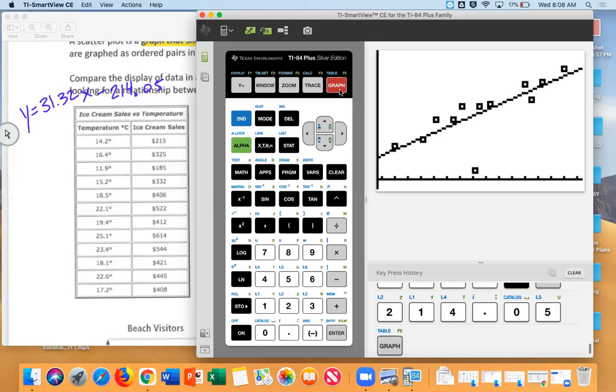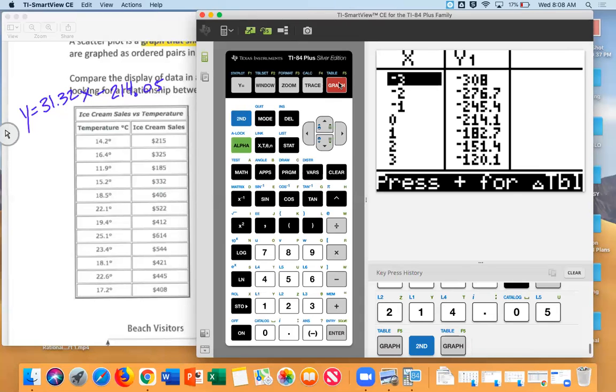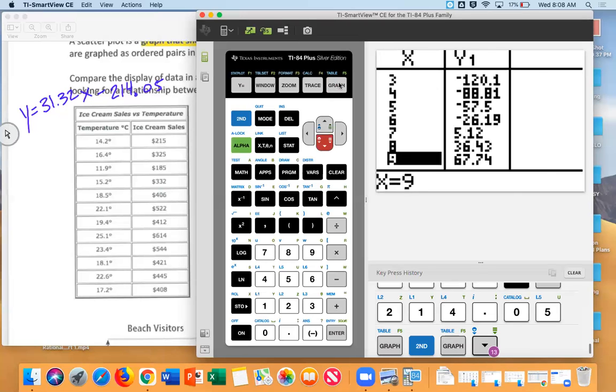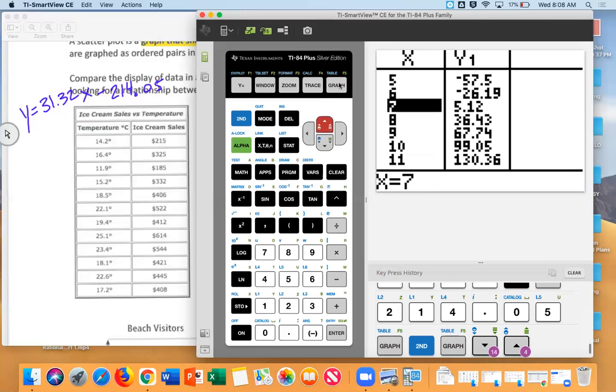If you wanted to know, we could always go to the table now, and I can scroll through. If you wanted to know how much money I would make, you can see when it's 7 degrees Celsius outside, think 0 degrees Celsius is 32 degrees Fahrenheit, so 7 degrees would be like 60 degrees.